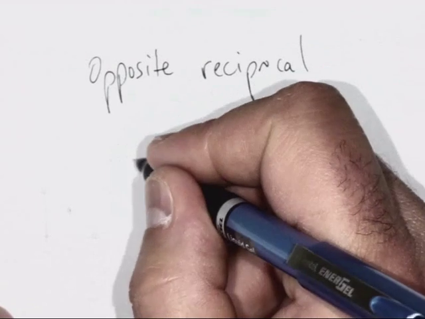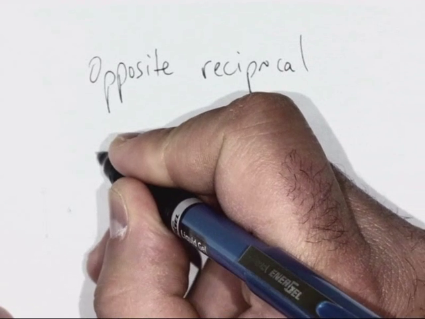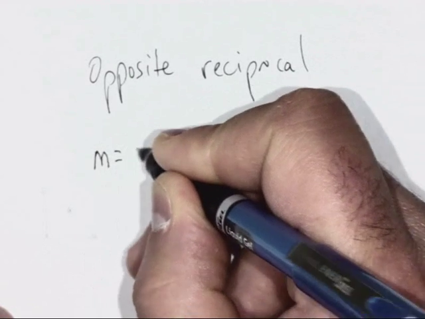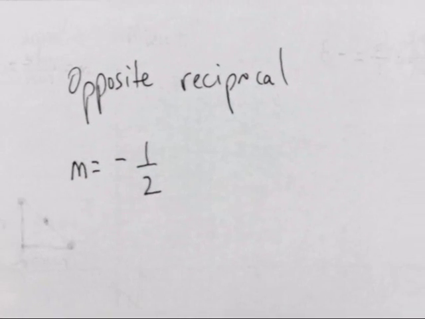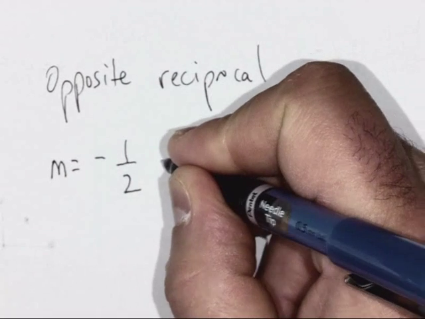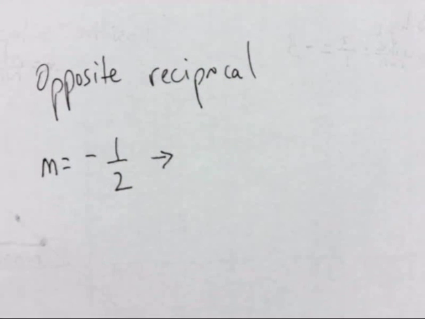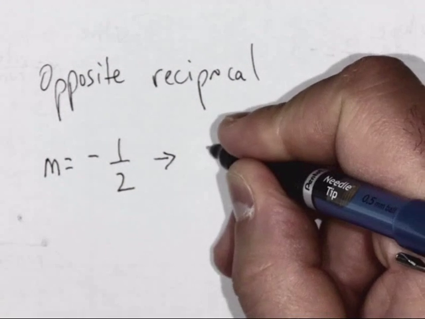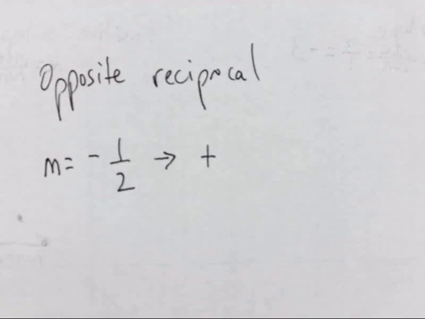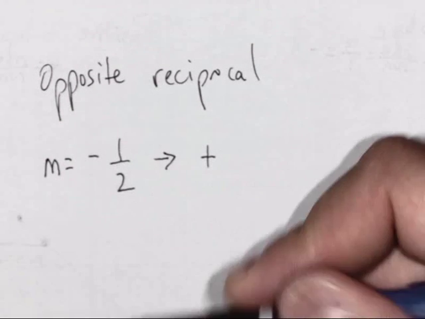So let's say, for example, I had a slope of -1/2. The opposite reciprocal would have the opposite sign, so instead of negative it would be positive, and then the reciprocal would just be this fraction flipped.